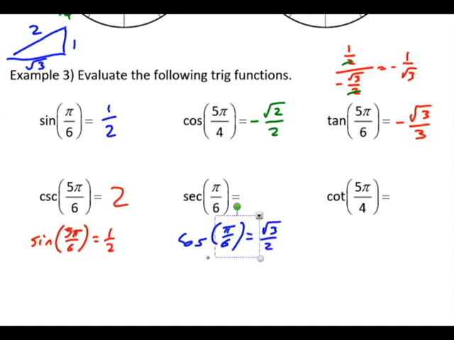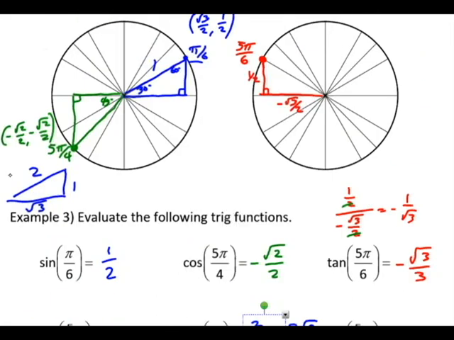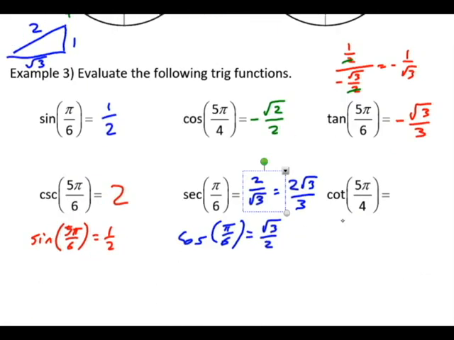So secant is going to be the reciprocal of that, which we will rationalize. Cotangent of 5 pi over 4, we already marked that in green, right down here. Cotangent is going to be x over y. Same thing over same thing, the cotangent is positive 1.